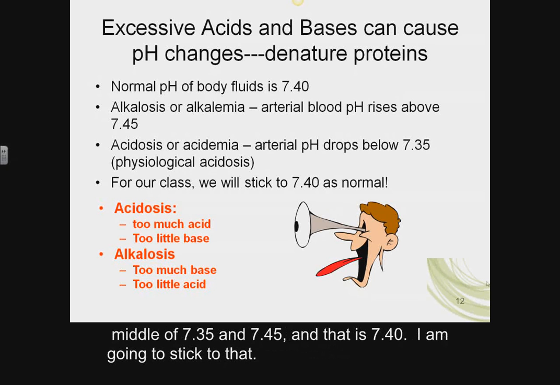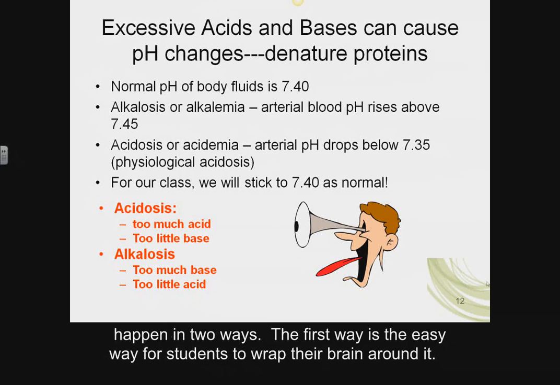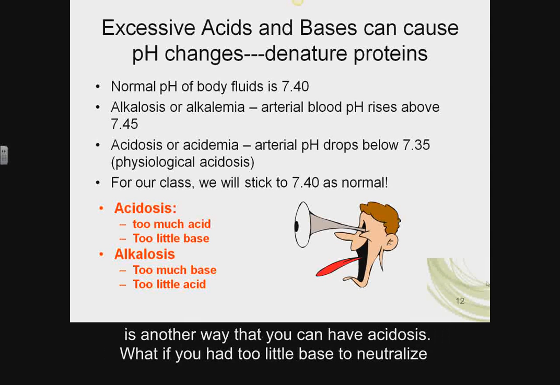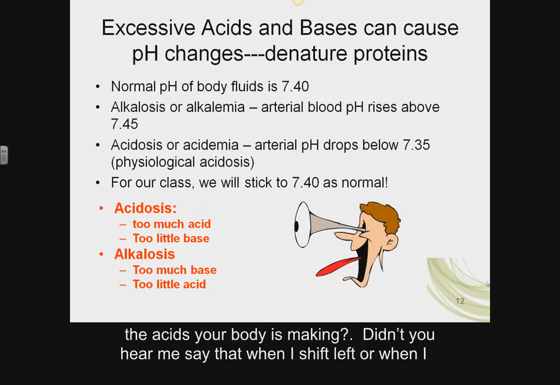Acidosis can happen in two ways. The first way is the easy way for students to wrap their brain around. How can you be in a state of acidosis? Well, of course, by making too much acid. But there is another way that you can have acidosis. What if you had too little base to neutralize the acids your body was making? Didn't you hear me say that when I shift left or when I shift right, I have two choices?